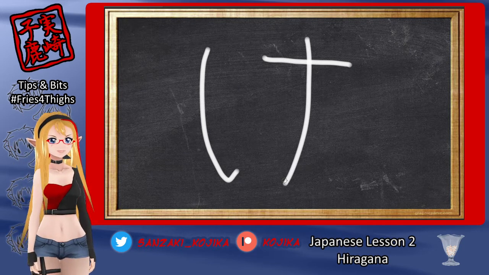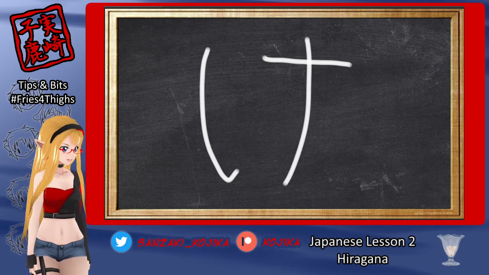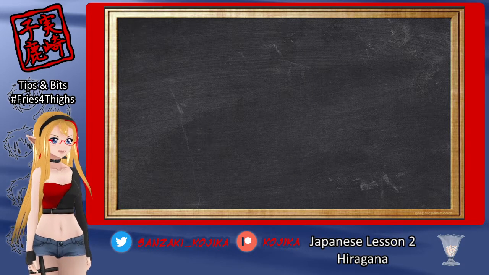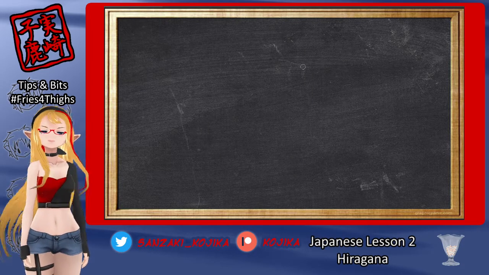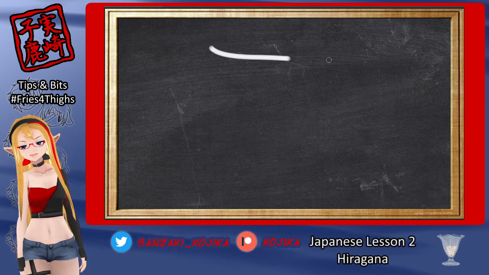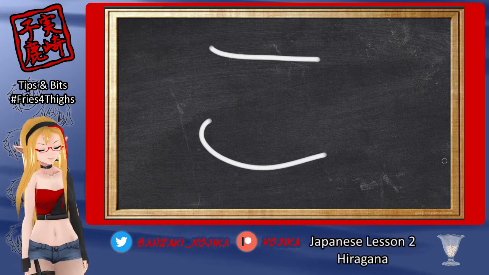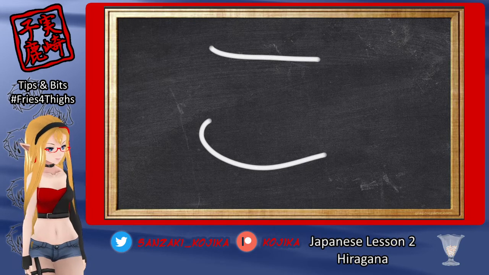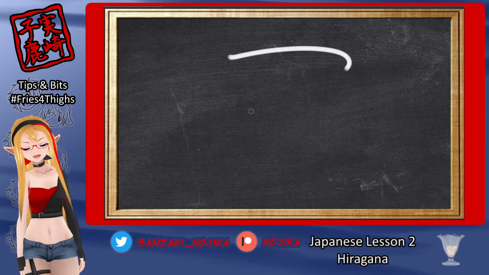Ke. Ke. Another evil laugh for you. Ko, as in Kojika, although I have a specific kanji. Is another easy one. 1, 2. One, two.